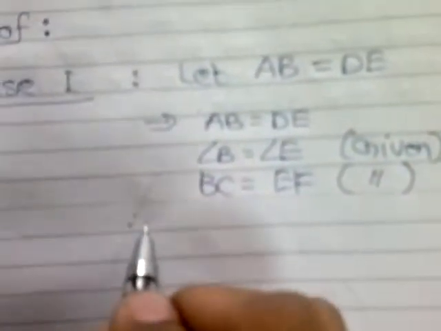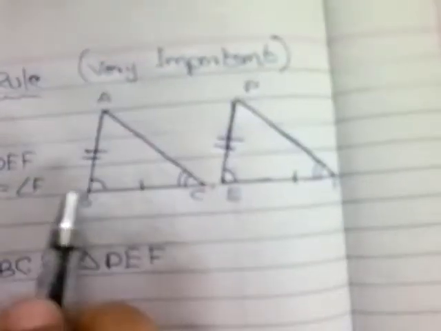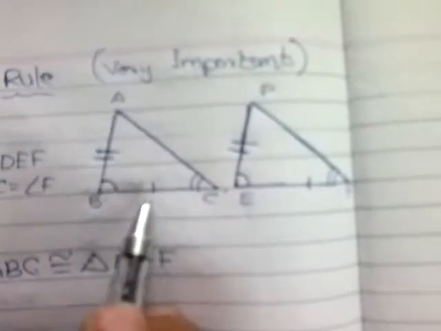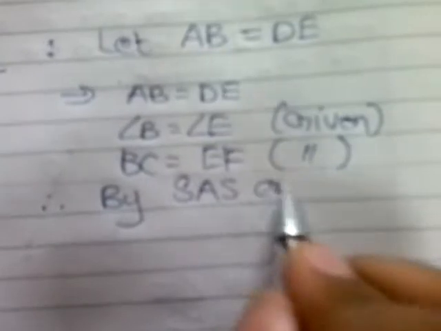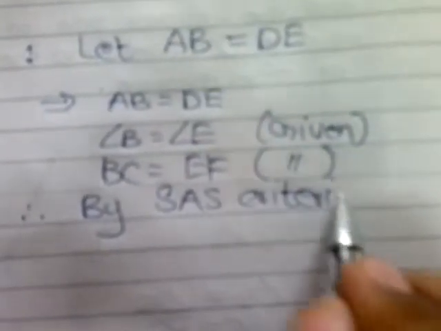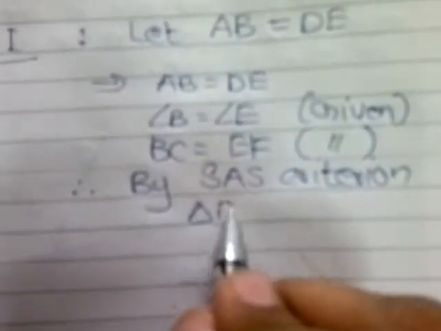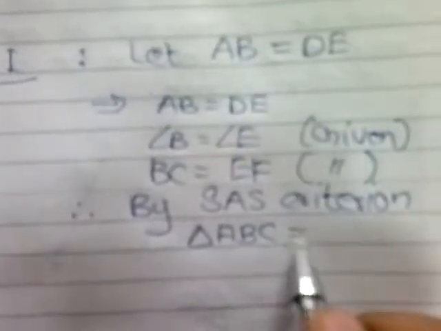Therefore by side angle side criterion, therefore by SAS criterion, triangle ABC is congruent to triangle DEF.